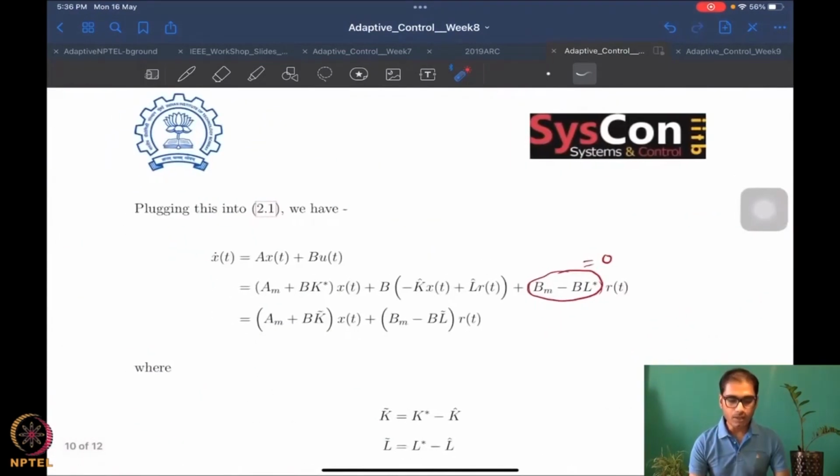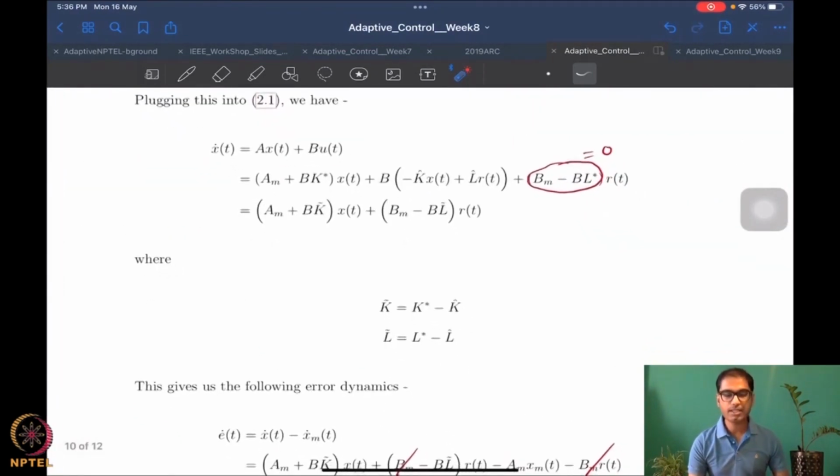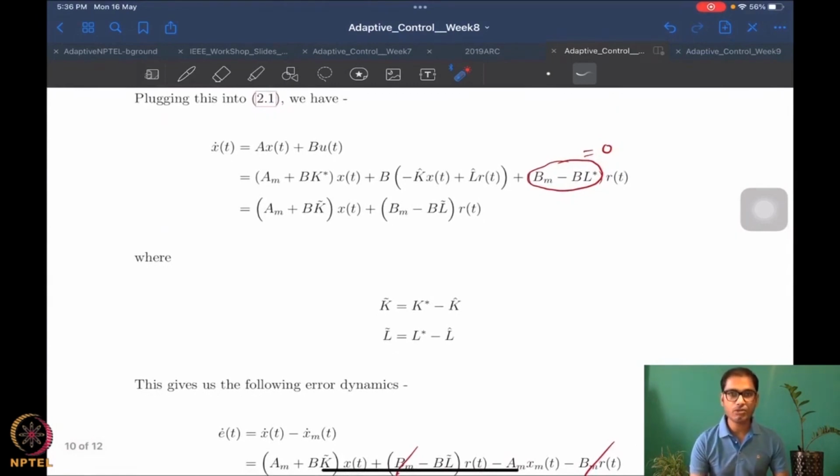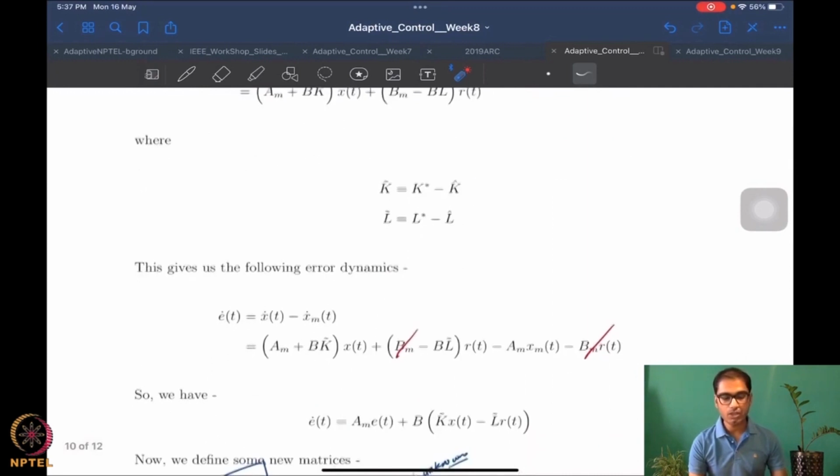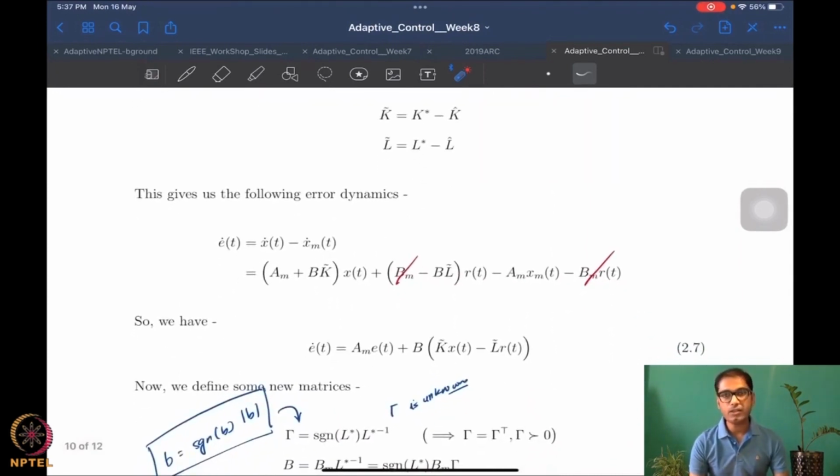Now the difference that becomes apparent to us is that the parameters are not scalars or vectors, but in fact they are matrices, right? So it's k tilde and l tilde and k star and l star, which are all matrices. We've already made an assumption that we know the sign of l star.